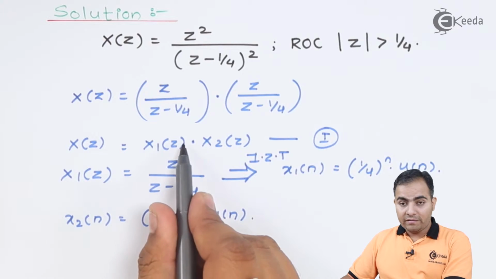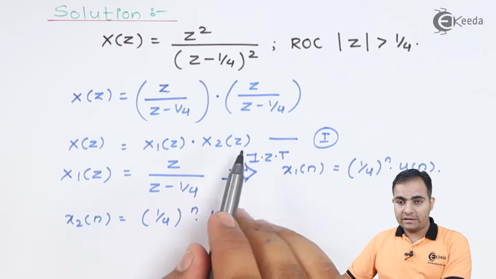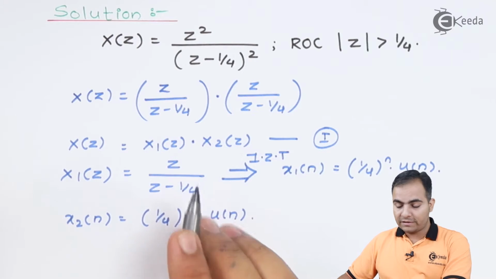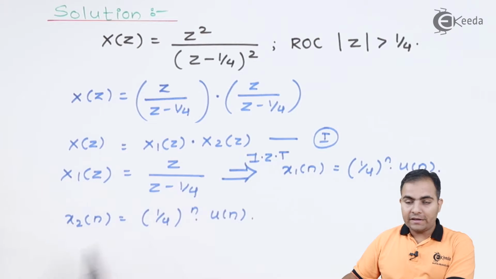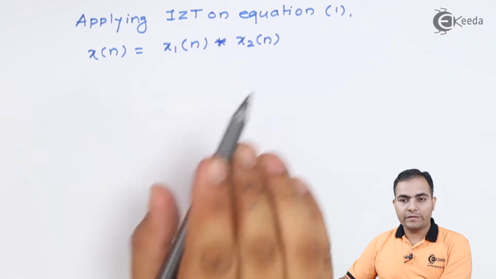If we apply the inverse Z transform on this function, where two functions are multiplied with each other, it is nothing but the inverse Z transform of the convolution of two signals. So let's apply the inverse Z transform on equation number 1. My x of n becomes x1 of n convolved with x2 of n.